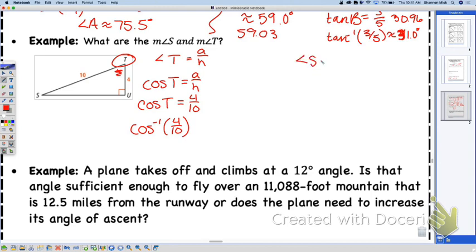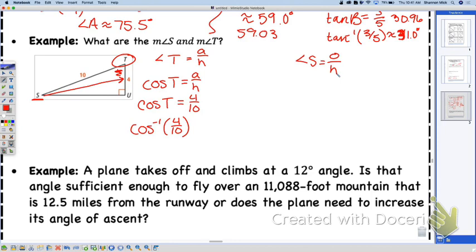In reference to angle S, what do we have? We have the 4. And 4 is what position of S? Opposite or adjacent? Opposite, it's across. So we have opposite and hypotenuse. What function are we going to use?